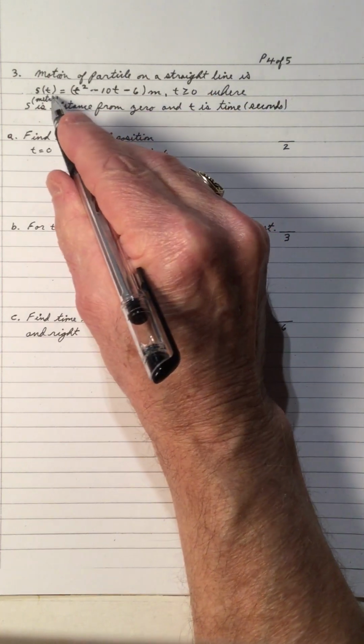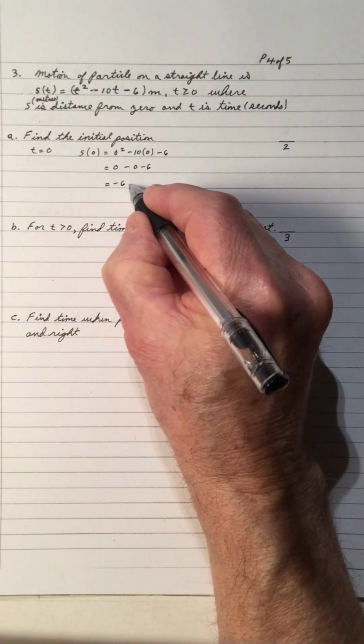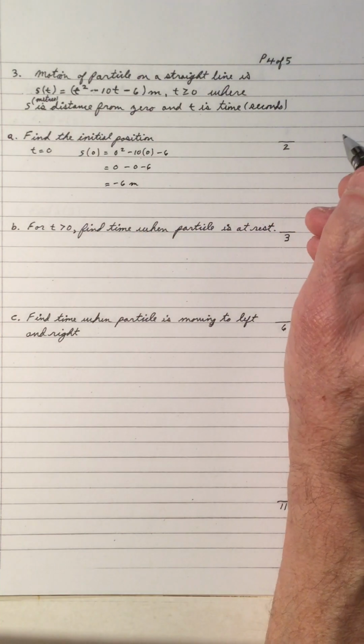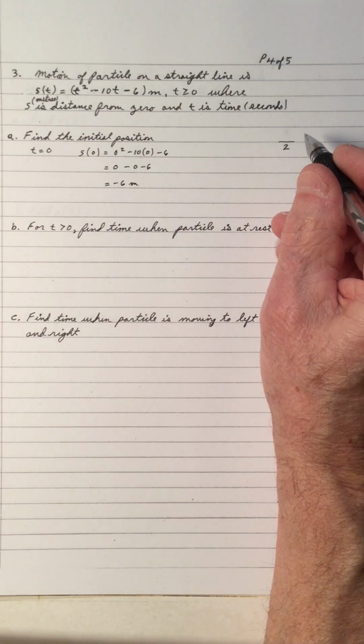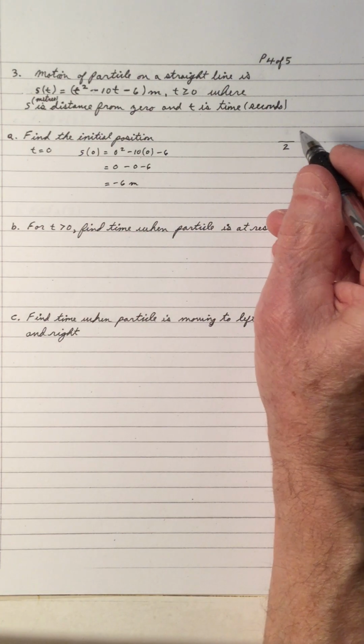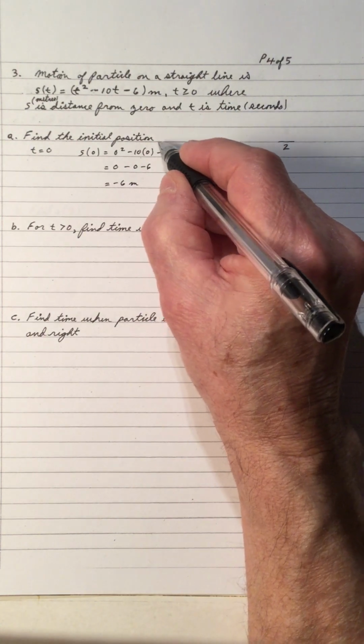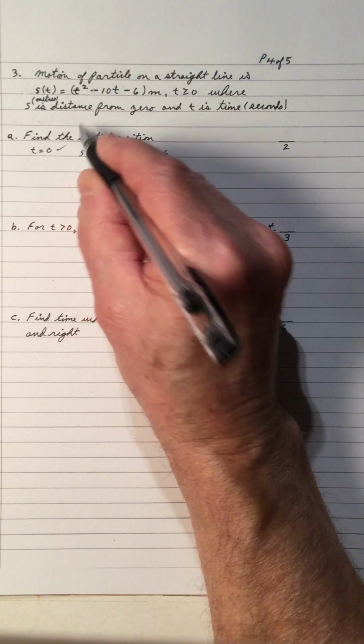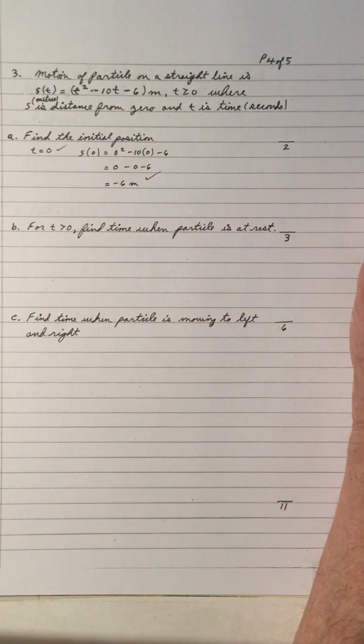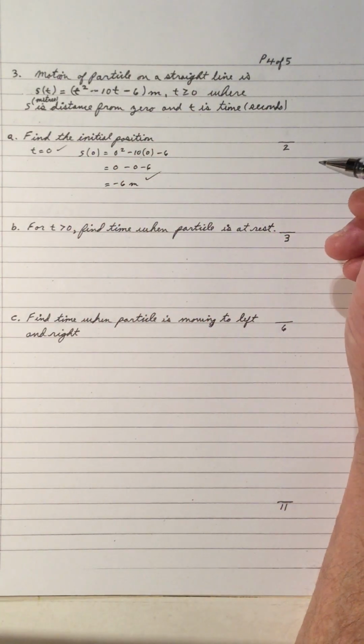The position is negative 6 meters from 0. There are 2 marks here: if you said the initial position is at t equals 0, sub 0 in the equation, and you got negative 6, 2 marks.